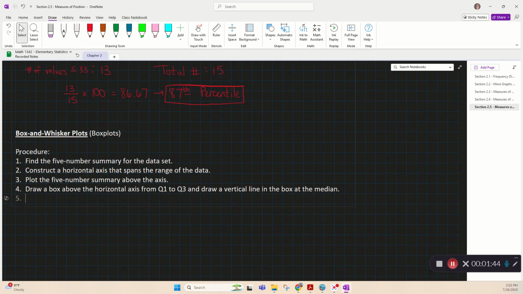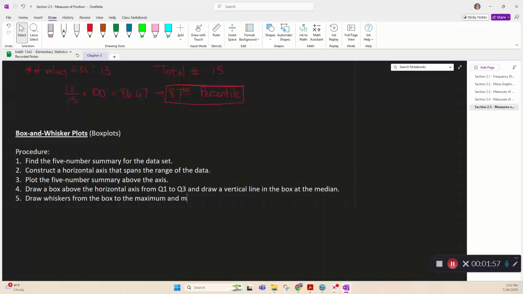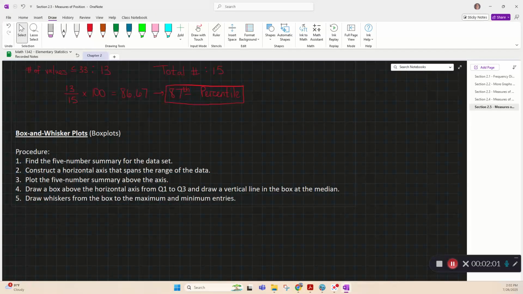I'll fix the Q1 and Q3 here in a second. And then the fifth step is to draw whiskers from the box to the maximum and minimum entries.